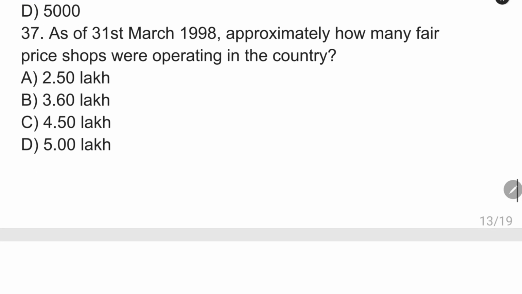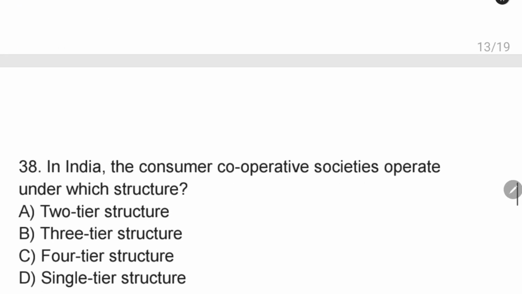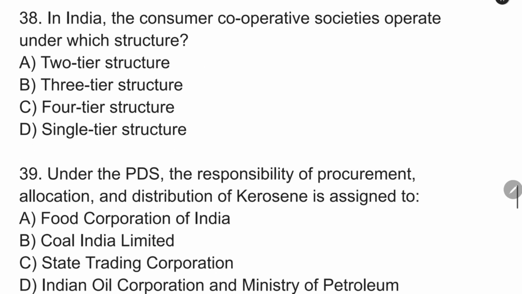Each fair price shop under the public distribution system is envisaged to serve a population of about 2000. As of 31st March 1998, approximately how many fair price shops were operating in the country? 4.50 lakhs. In India, consumer cooperative societies operate under which structure? 3-tier structure.